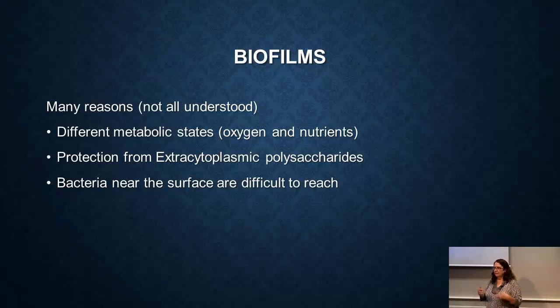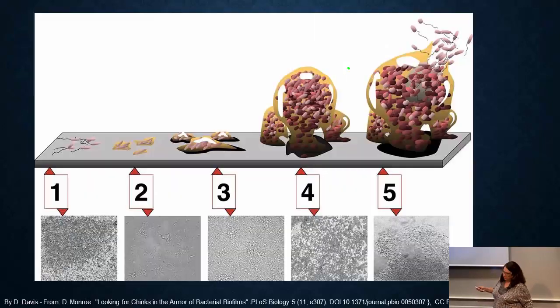And so those cells may be more resistant because of these factors. Then we have protection from the extracytoplasmic polysaccharides and bacteria near the surface. I wrote that poorly. Near the surface they're growing on might be more difficult to reach, that the antibiotic can't penetrate that far.